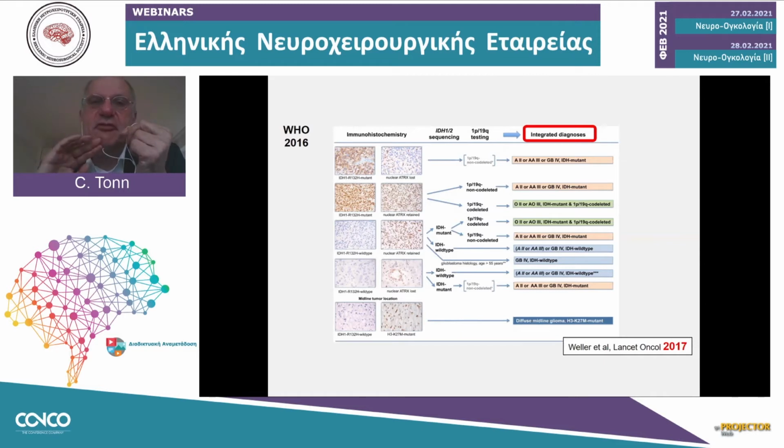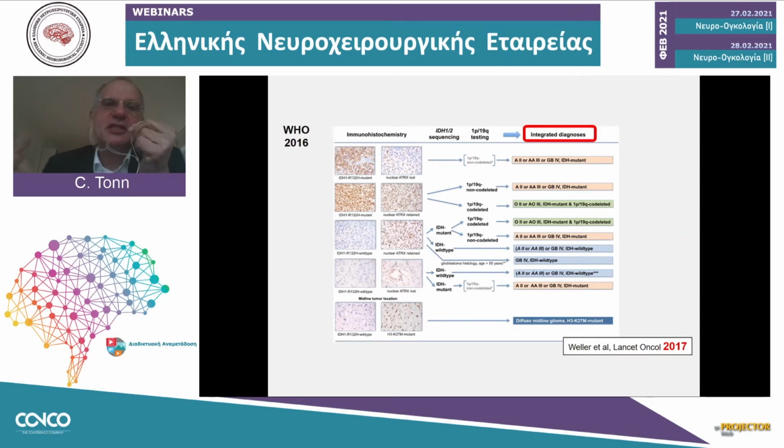Number 2, since co-deletion is more expensive to test, but it only occurs in IDH1 mutated tumors, the sequence is that you first check for IDH1 mutation. If it's an IDH1 non-mutated or wild-type tumor, then there's no need to test for co-deletion because it will never occur.